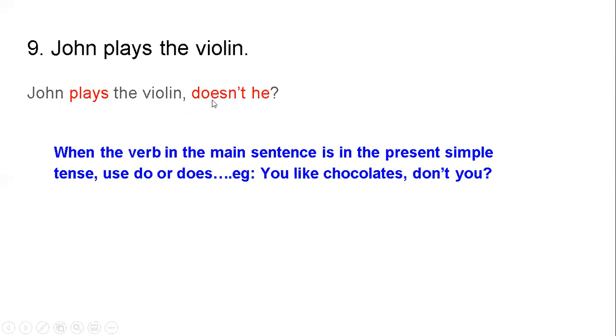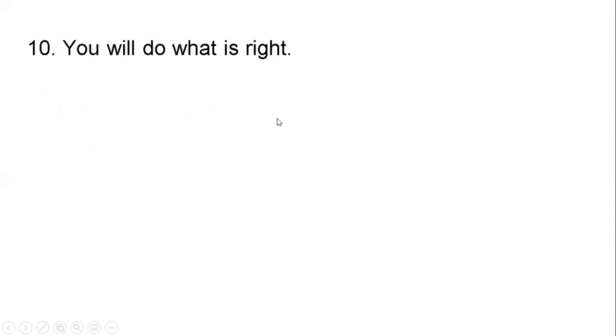But of course, we're using doesn't here. Why? Because this is positive, so we have to make this negative. The tenth one, you will do what is right. Add your question tag. This is also easy, very easy. You will do what is right, won't you? Same thing, will becomes won't.